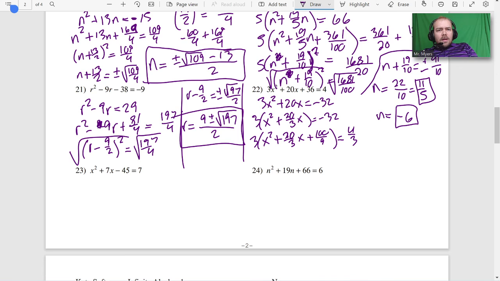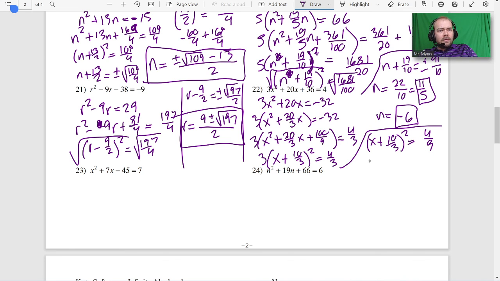Okay. Then we factor: x plus 10 thirds. Now we solve. So we divide both sides by 3, aka multiply by 1/3. So x plus 10 thirds squared equals 4 ninths. Oh, look at that.